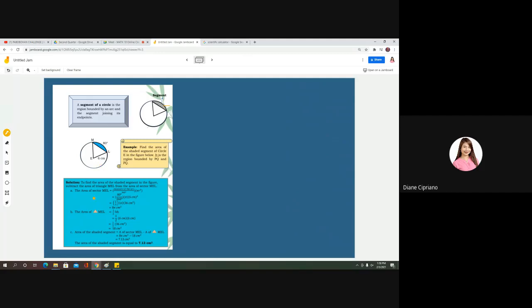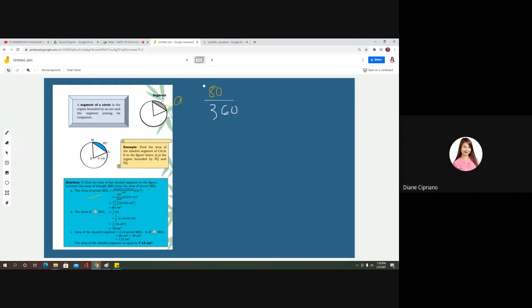So for our letter A or our first step, you have here 80. Gawin na natin white, parang hindi masyadong kita. 80 over 360. Ayan. Multiply by pi r squared.